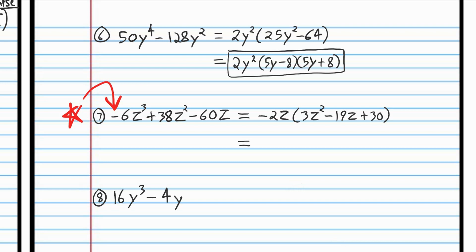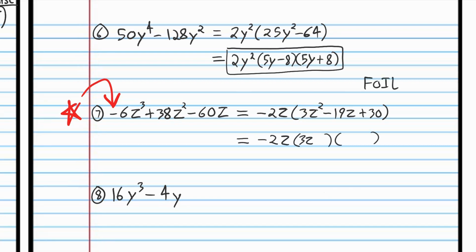So let me just double check that. That looks correct. So this is a very strange looking quadratic expression, and we have a coefficient here. So that makes it more difficult to factor. We have 3z and z. It's going to make it difficult because we have the coefficient there.